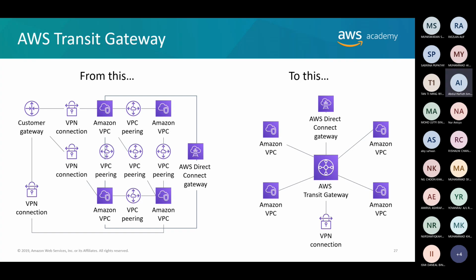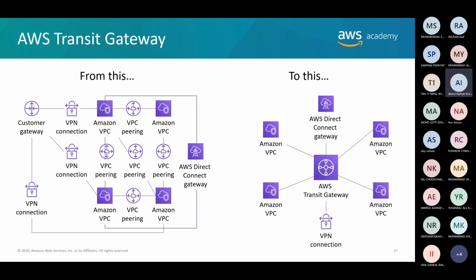To solve this problem, you can use AWS Transit Gateway to simplify your networking model. So with AWS Transit Gateway, you only need to create and manage a single connection from the central gateway into each VPC, on-premise data center or remote office across your network. So untuk data center, kita akan connect VPN connection lah to data center.